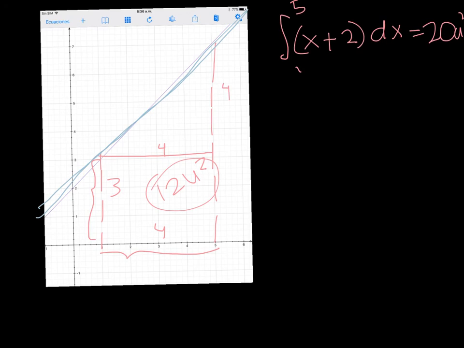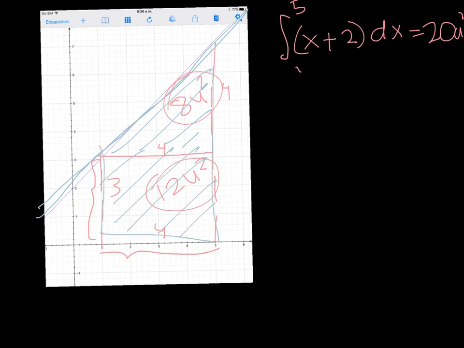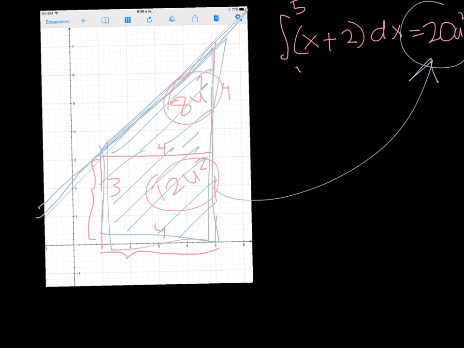So the area of this triangle will be 4 times 4, 16 over 2, 8 units squared. So the sum of the area of the triangle plus the area of the rectangle, which is the area under the curve and between the two limits of integration, is equal to 20 units squared.